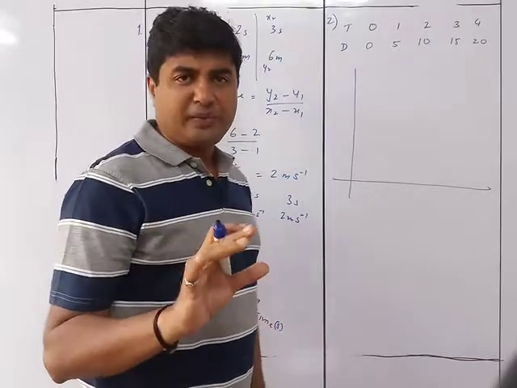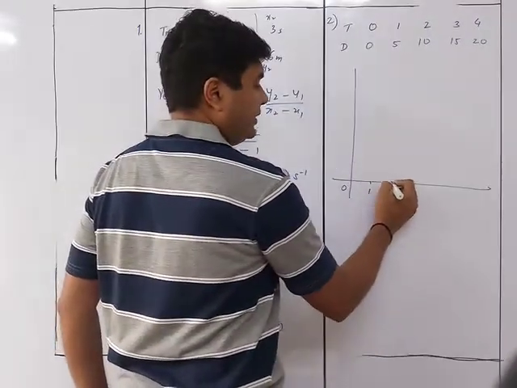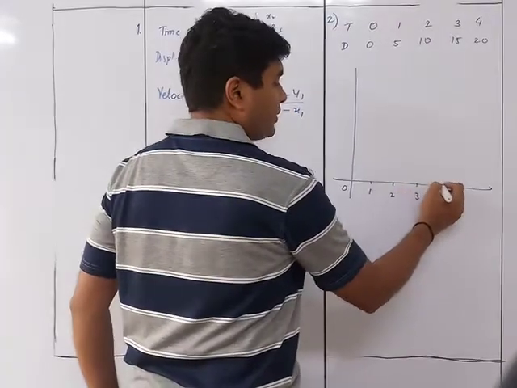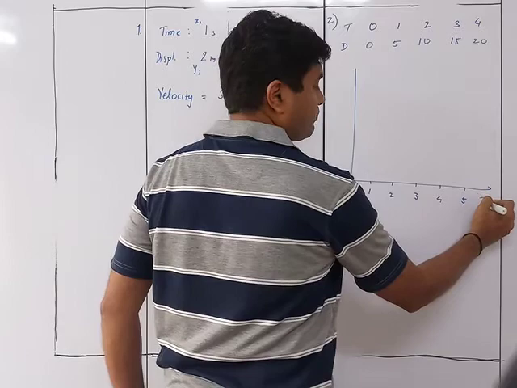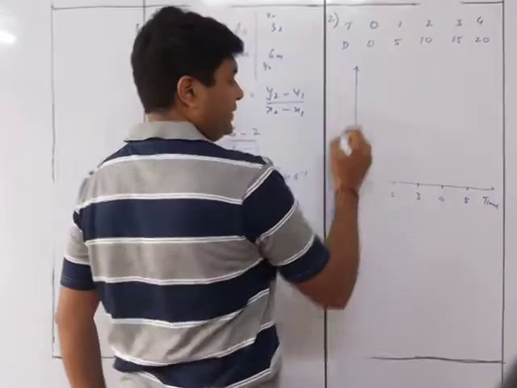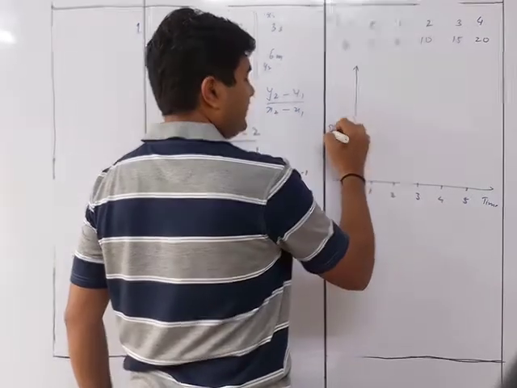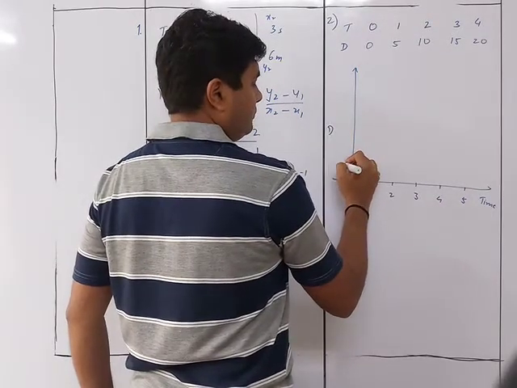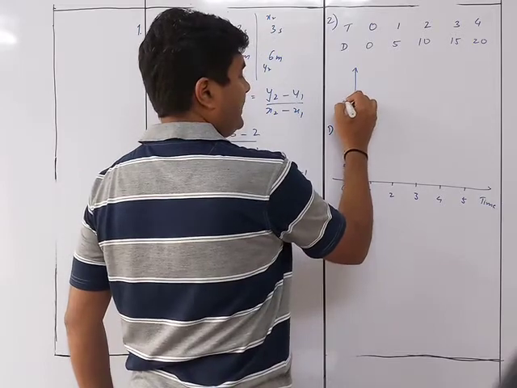No need of any graph paper. Take this measurement as 1 centimeter, so 1, 2, 3, 4, 5. This is the time. And over here, each and every ruled line you take as displacement, that is 5, 10, 15, 20, 25.